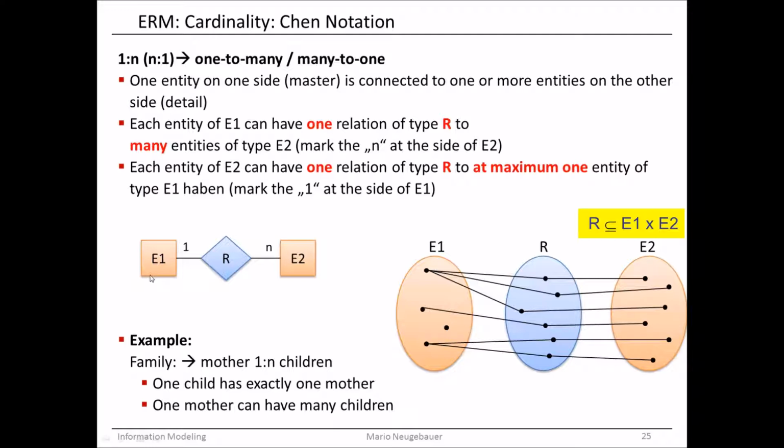And again, pay attention to the described cardinality letter or number. The letter N is important if you come from left to right. And the number 1 is important if you go from the right entity set to the left one.